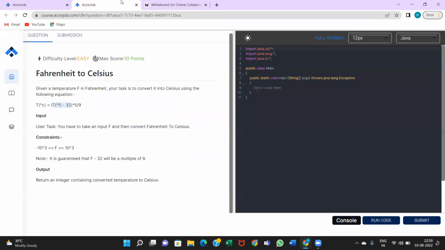I guess there's some issue. Okay, meanwhile, it's loading. Is this clear to you guys that if Fahrenheit minus 32 is a multiple of 9, and you have 9 in the denominator, it will cancel out and you will have an integral answer? Anyone having any doubt in this, please let me know, because this is the only tricky part in this question.